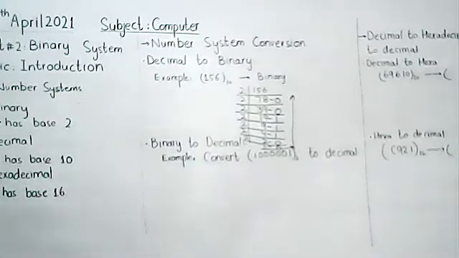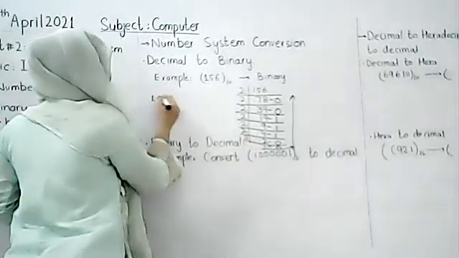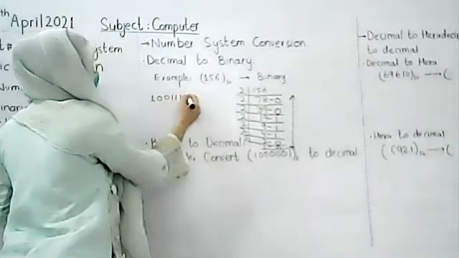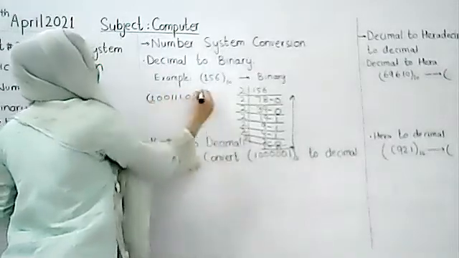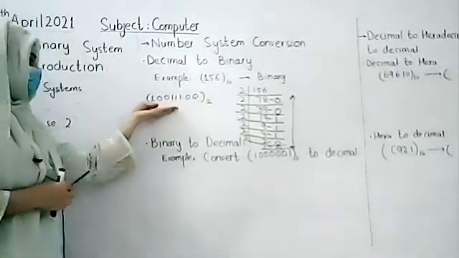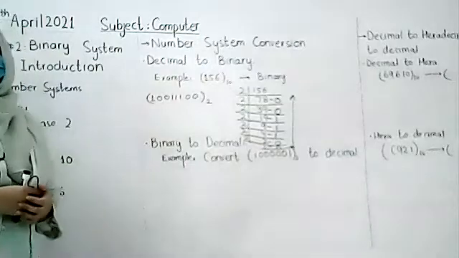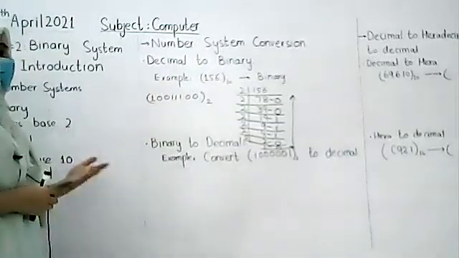Like this: 1, 0, 0, 1, 1, 1, 0, 0, and it has the base 2. So this is the value in the binary system of 156 in decimal. So in this way we can convert all these things.